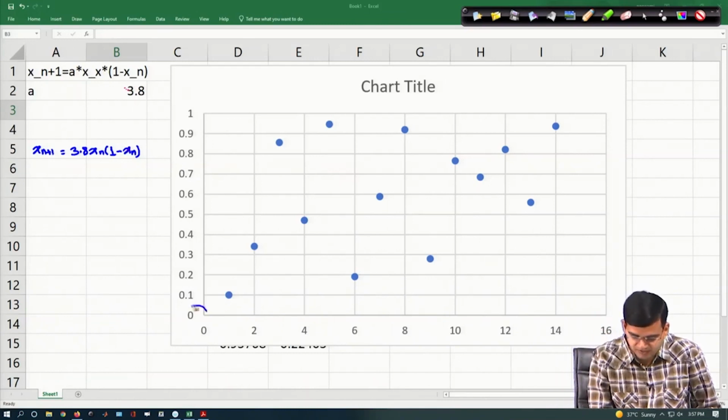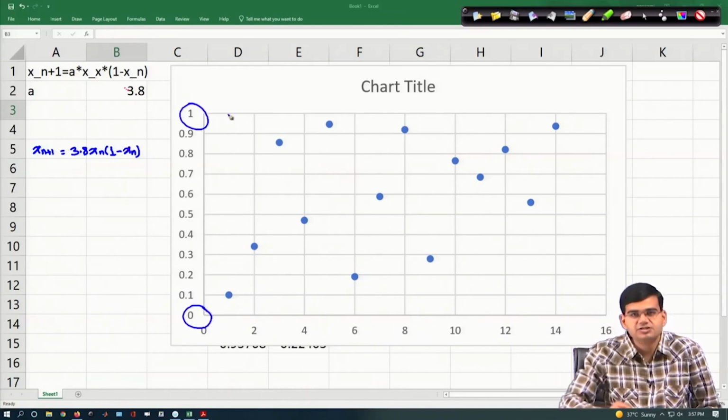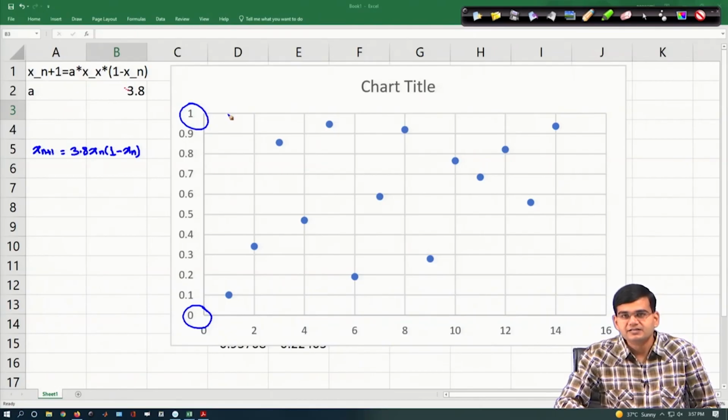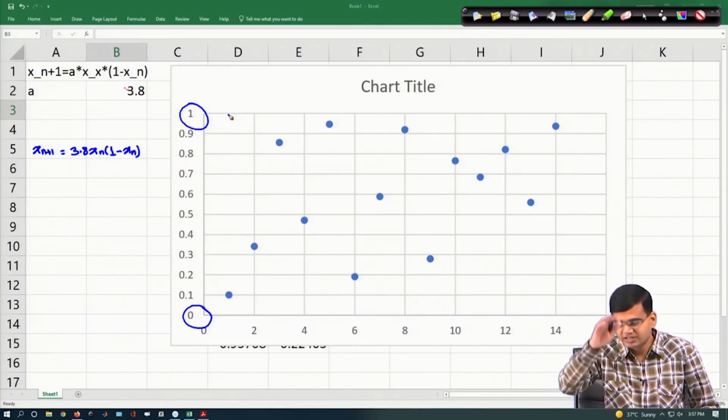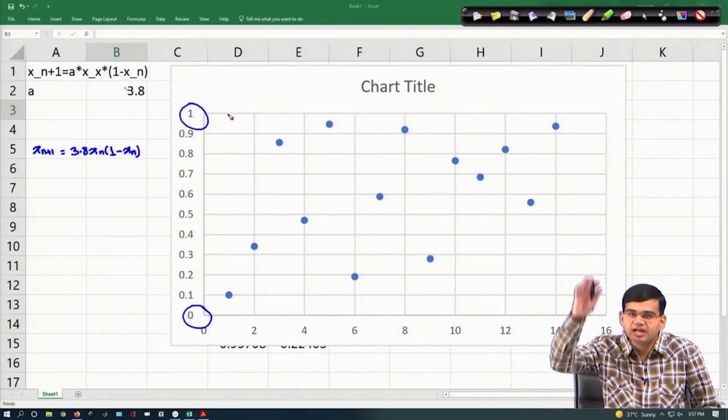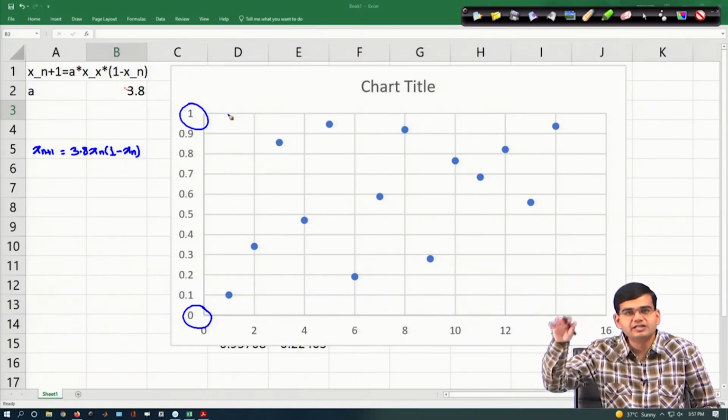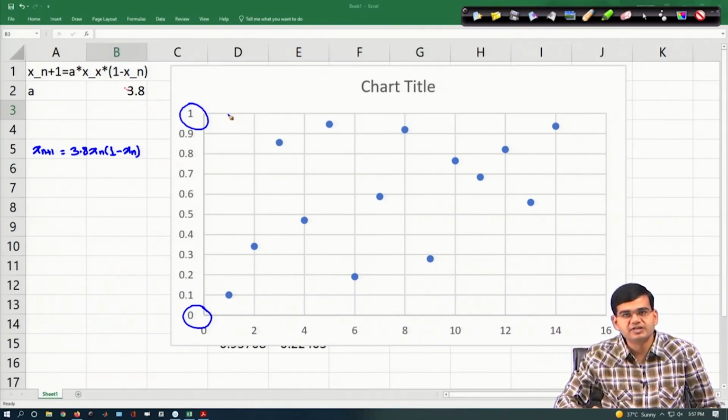They go all the way from 0 to 1, and they are perfectly random. You cannot figure out any trend. They are not converging to a high value, they are not converging to a lower value, they are not diverging, they are not oscillating with any specific cycle.